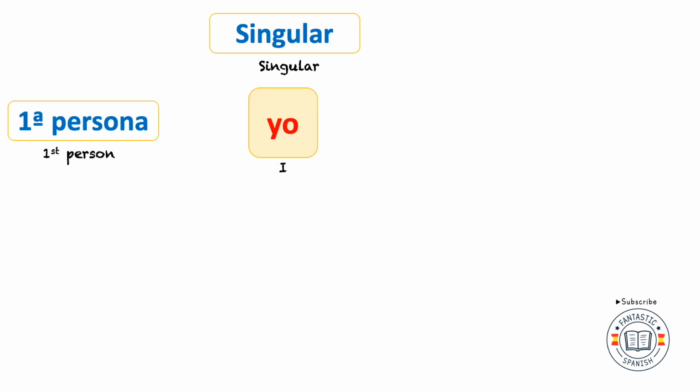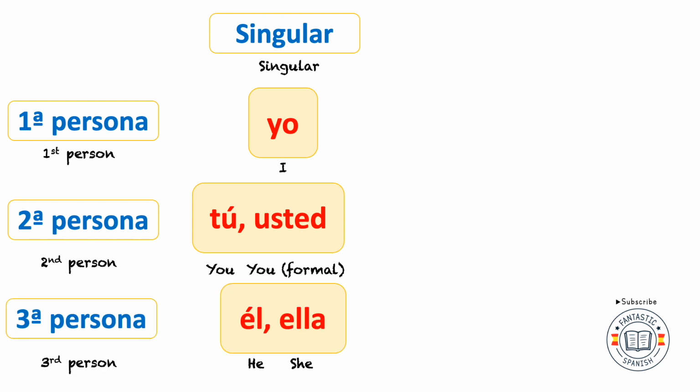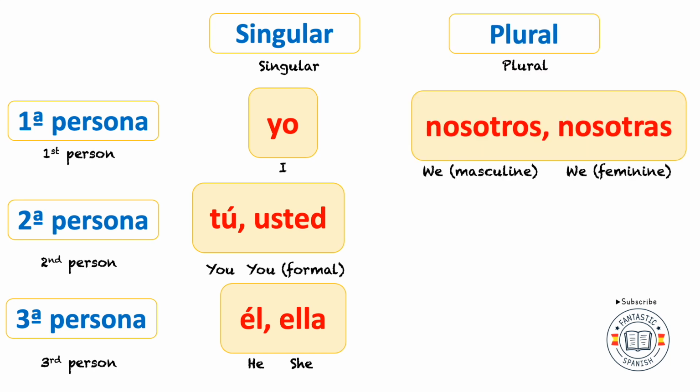These are for singular, primera persona, first person, yo, I in English. Segunda persona, second person, tú, you, usted, you formal. Tercera persona, third person, él, he, ella, she. Plural.